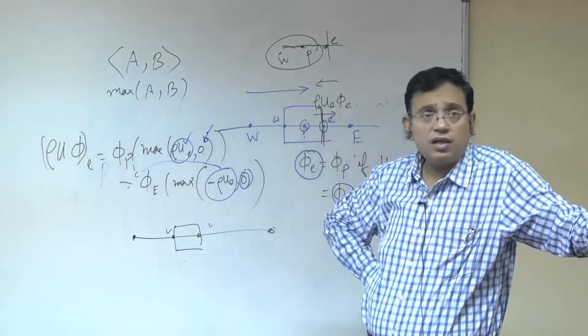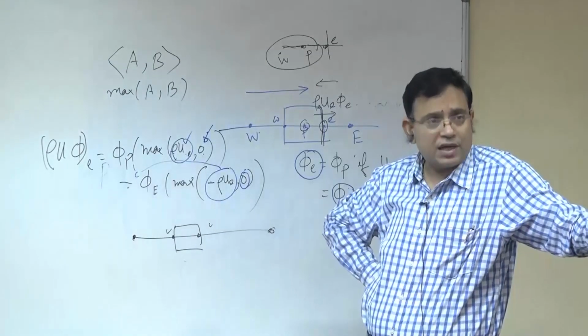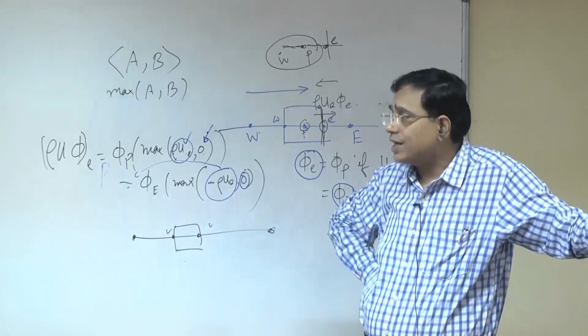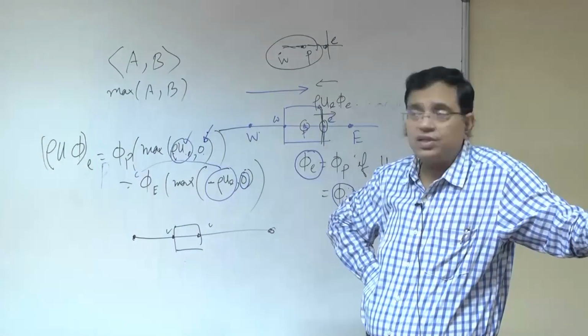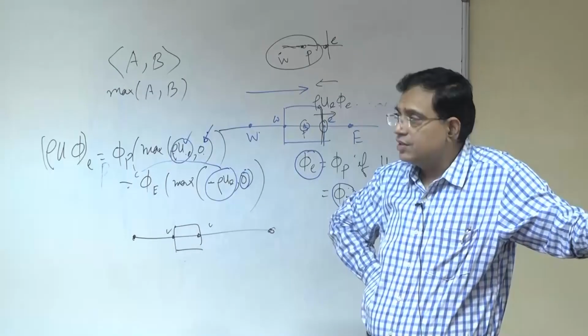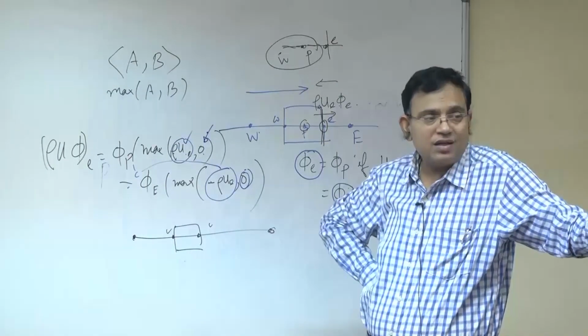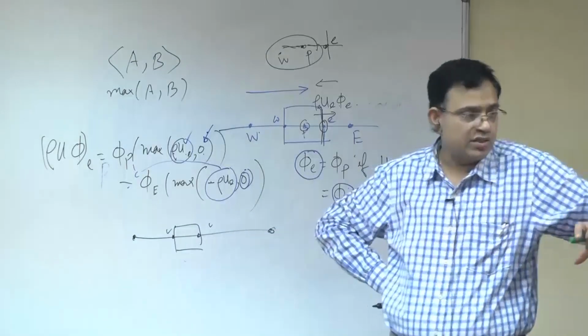But nobody uses this in practice, knowing fully that this is going to be very accurate. If this is put into your left hand side phi small e and phi small w, and then it is integrated, then you will get some discretized form.